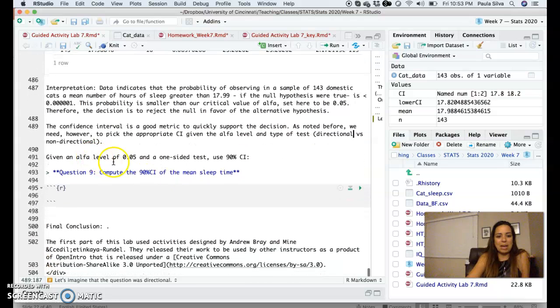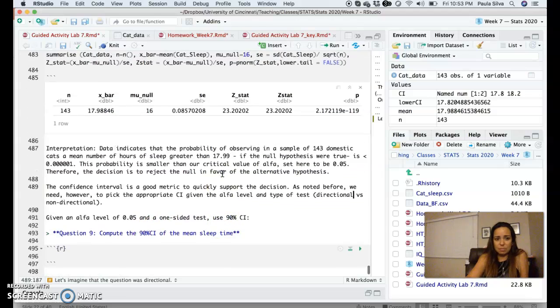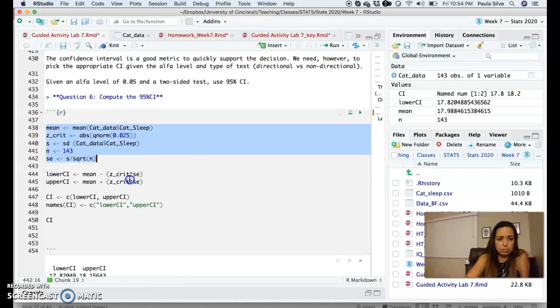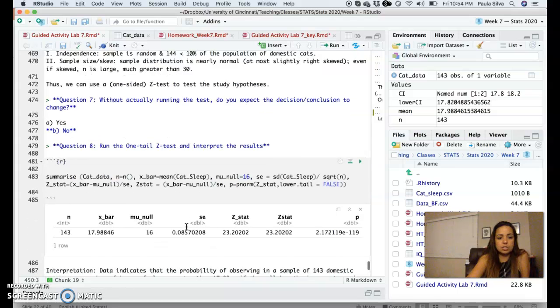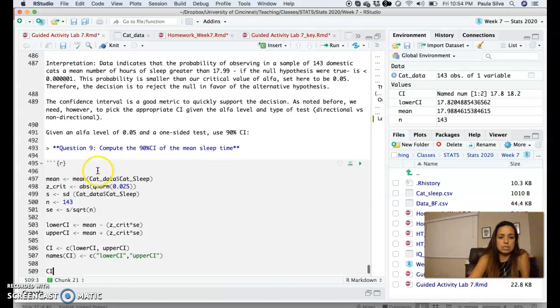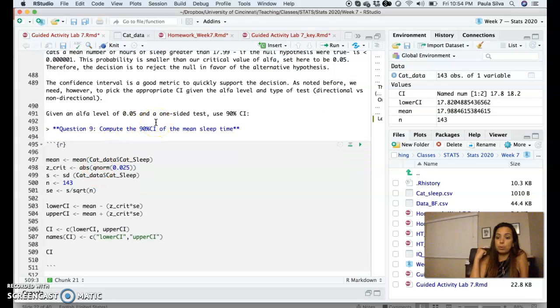And here I'm asking you to compute the 90% confidence interval of mean sleep time. So we need to grab the code for the confidence interval, which is here. Because it's already the confidence interval for the cat data, you don't need to adjust much, except that there we computed the 95% confidence interval to go together with the two-tail test.